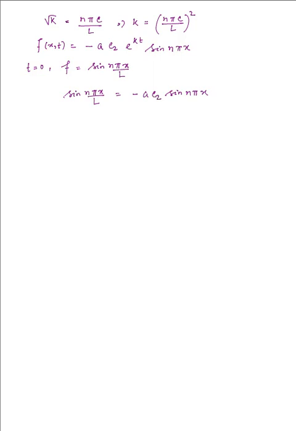So the term ac2 has to be equal to 1, and if that negative is taken within this, we are left with ac2 and sine of minus n pi x. Now comparing, the minus can be taken like this, as this divided by minus 1. So we are getting a unique solution that ac2 is minus 1 in this case.